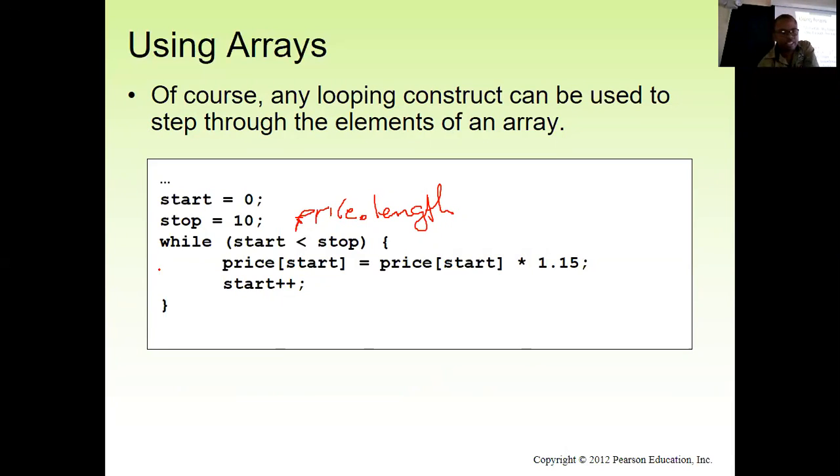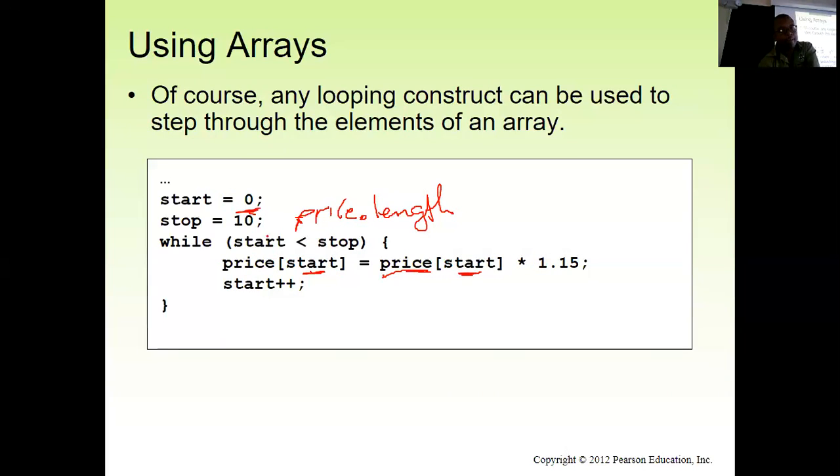Now, in this case, I start at 0 initially, and I say as long as the start is less than the stop point, what do I do? I take the item in price at the current position, which would have been 0, multiply it by 1.15, and then I overwrite whatever is in price at that position.